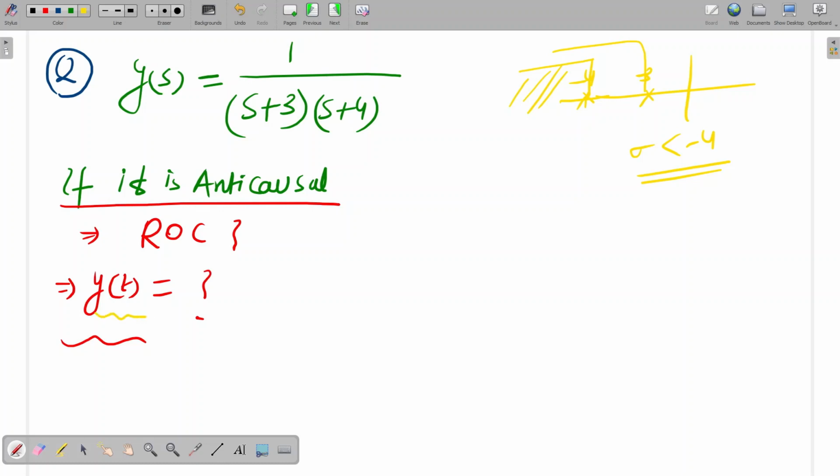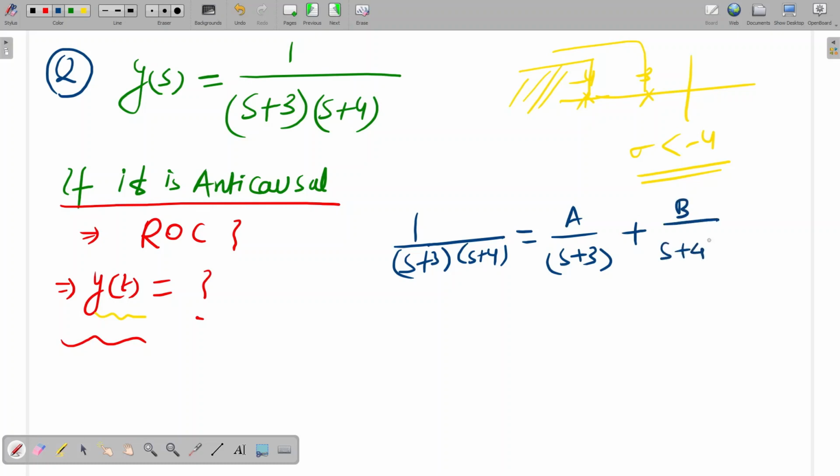What should be y(t)? You can try. Factorization first I am doing with you. So 1 by (s plus 3)(s plus 4) should be equal to a by s plus 3 plus b by s plus 4.